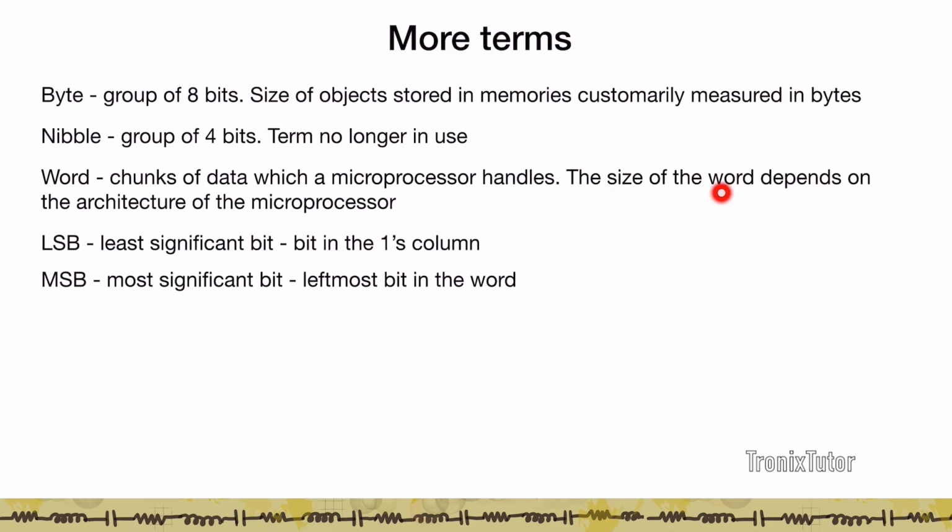The size of the word becomes important because it is determined by the architecture of the microprocessor that's used. We'll talk about two other terms, LSB and MSB. LSB stands for the least significant bit, which is the bit in the ones column, and MSB stands for the most significant bit, which is the leftmost bit in the word.